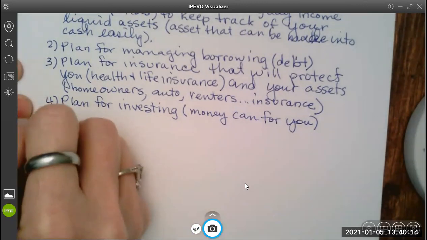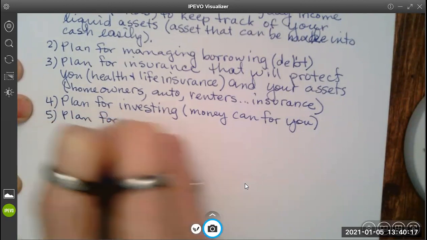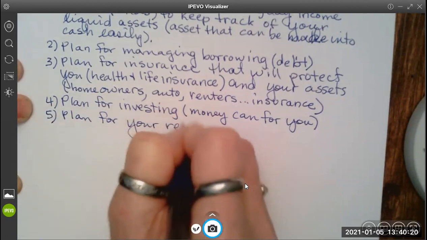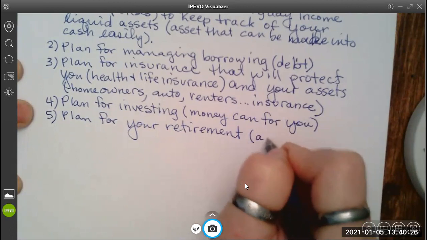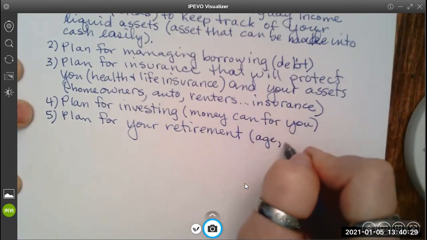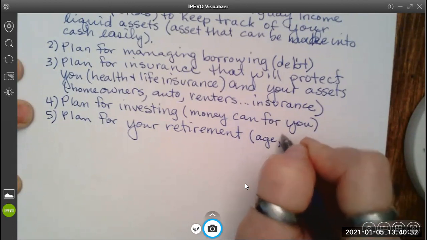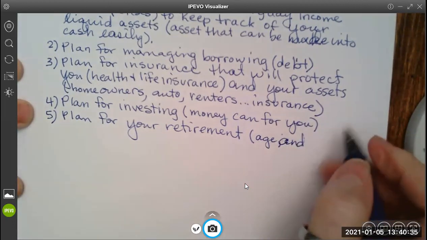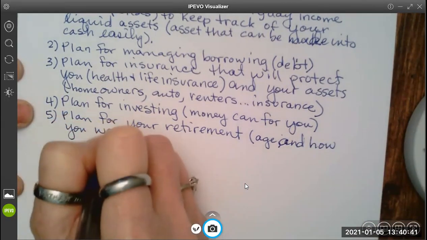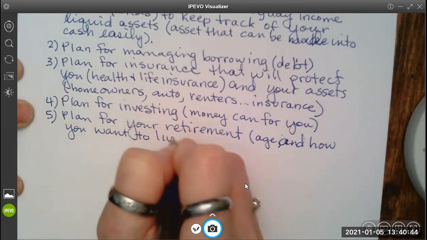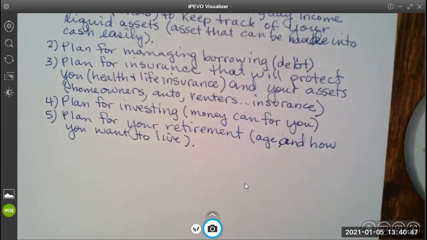Okay, last piece is you need to plan for your retirement. And that's not just how old, but it's also about how you want to live. Because I've known people in my lifetime that they retired because they'd reached a certain age, but they weren't really living.